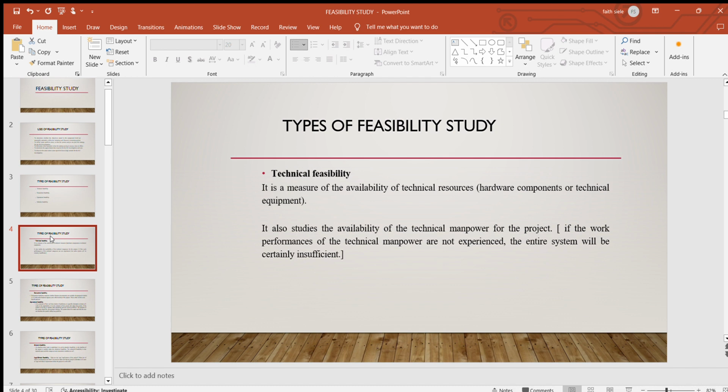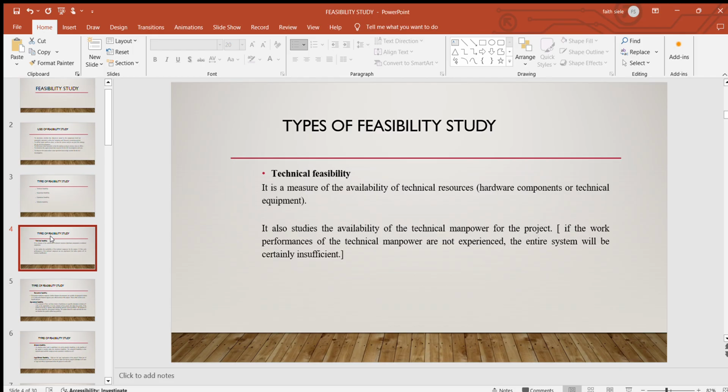Number two, it also assesses the complexity of the system and its potential impact on development time and cost. Thirdly, it also determines the required technical expertise, whether it is available within a particular organization, or can be acquired.